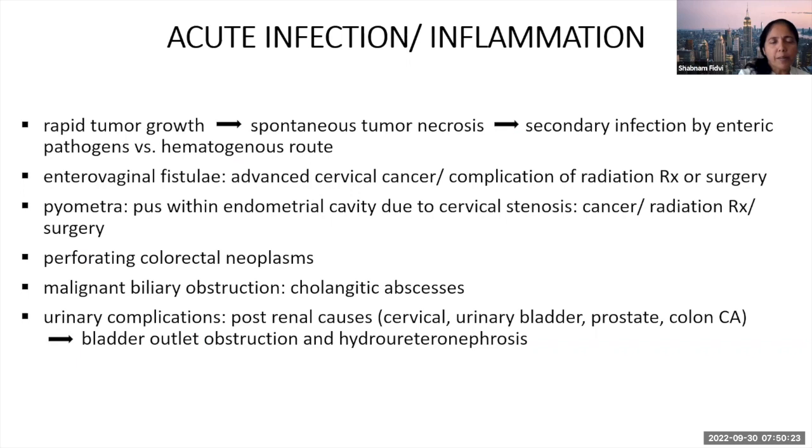I've already shown you some in the past, and then perforating colonic neoplasms, as well as abscesses within the liver due to malignant biliary obstruction. Also, bladder outlet obstruction and hydroureteronephrosis can result in urinary complications and infection.